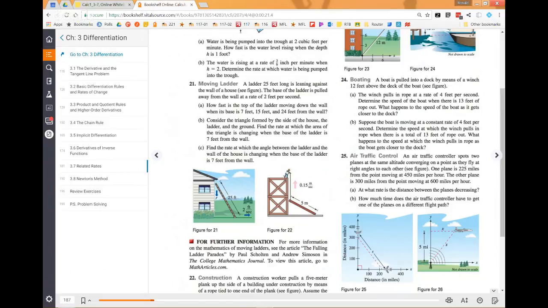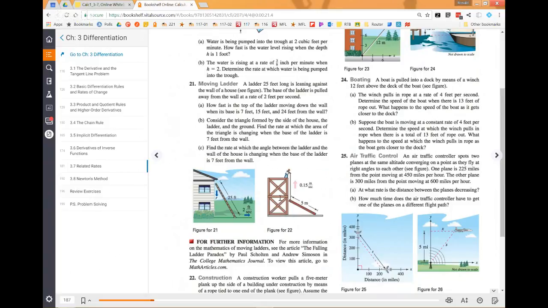I'm not going to do it all over again, but it's just a matter of starting at bh over 2. What's the base of the triangle? Well, what do they say here? It's 7 feet, so that's 7. What's the height?